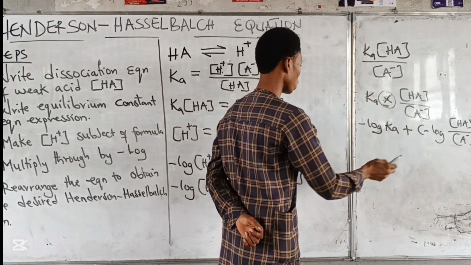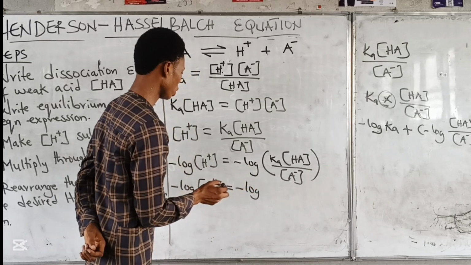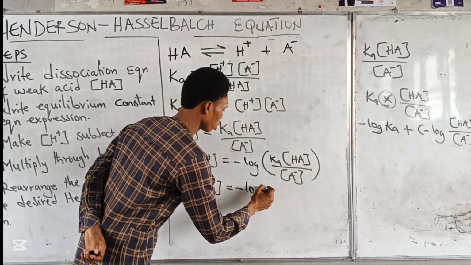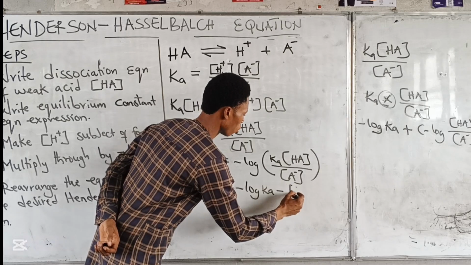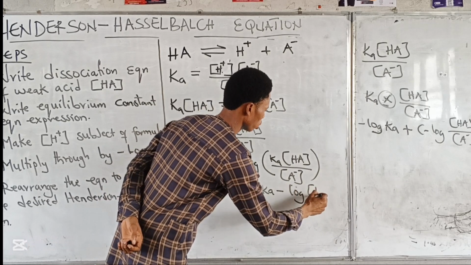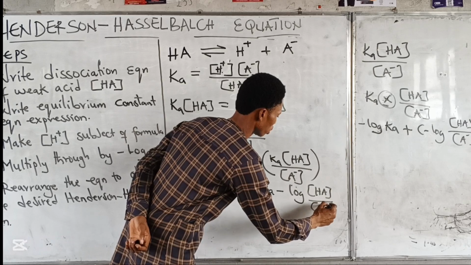So we actually made a mistake here. Minus plus minus gives us minus. So we have minus log Ka minus log of HA over A minus.